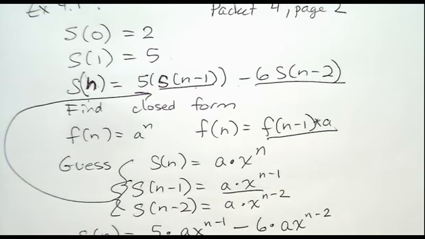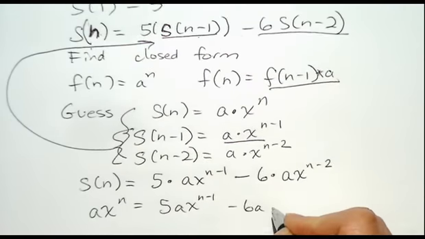I know that s of 0 is 2 and s of 1 is 5. So I can use that. Actually, I skipped over a part. Sorry. I need to write also this formula over here. Sorry about that.